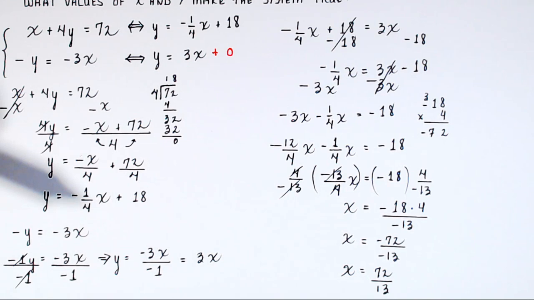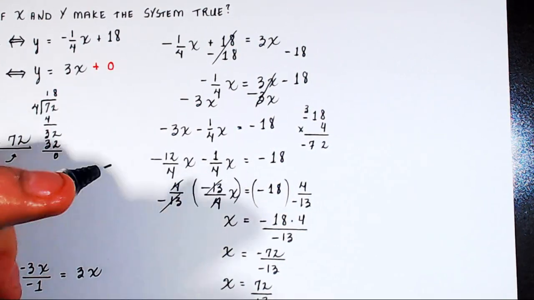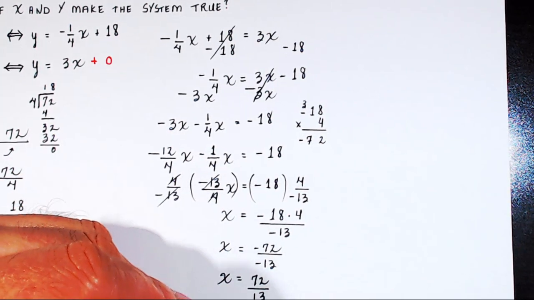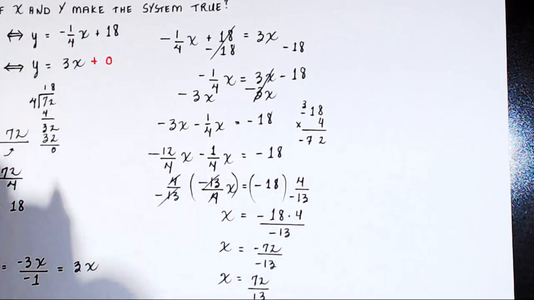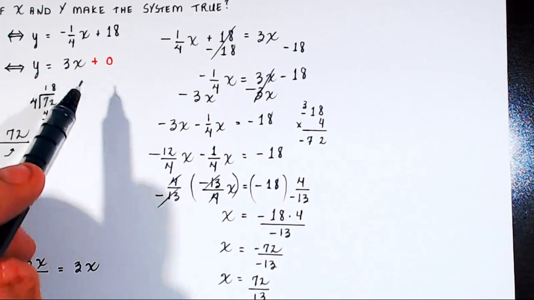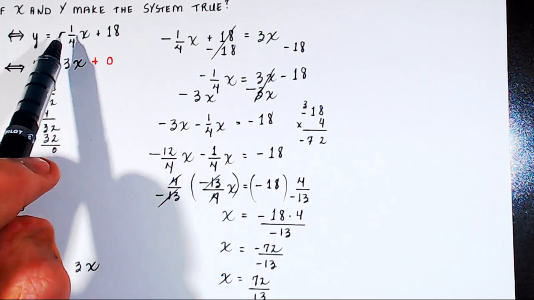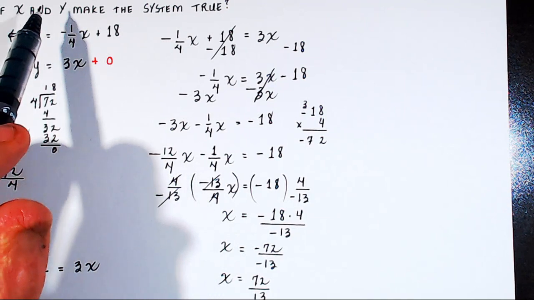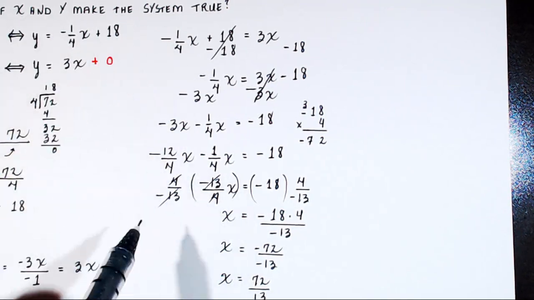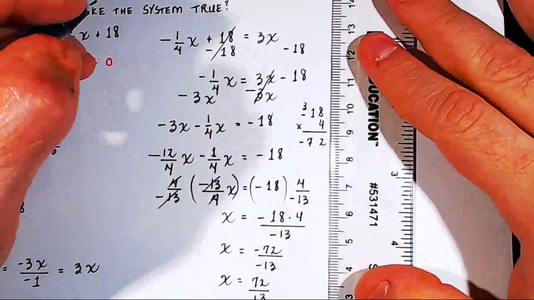We'll do it for both equations just to prove the point, but it doesn't matter which one. So we're going to substitute 72/13 back into our equations. We'll take this one because look, all I've got to do here is multiply 3 times 72 over 13. That should be easier than multiplying 72/13 by negative 1 over 4 and then adding 18 to it. That looks complicated.